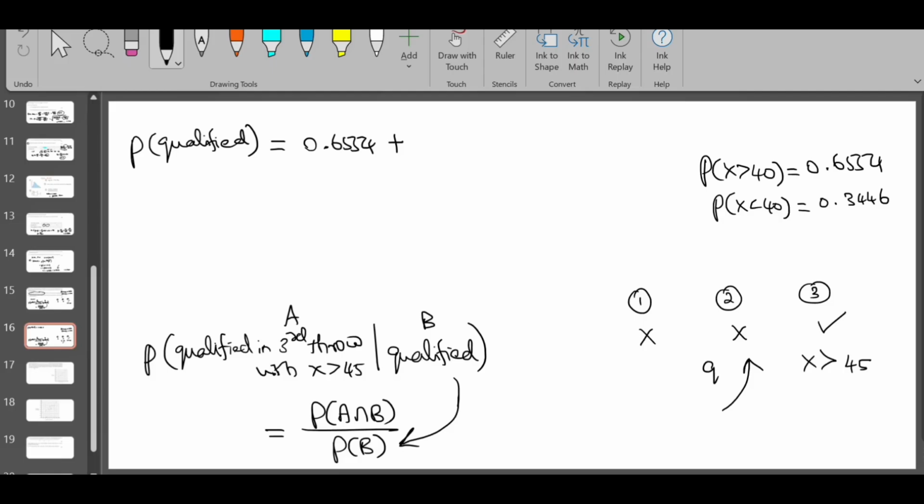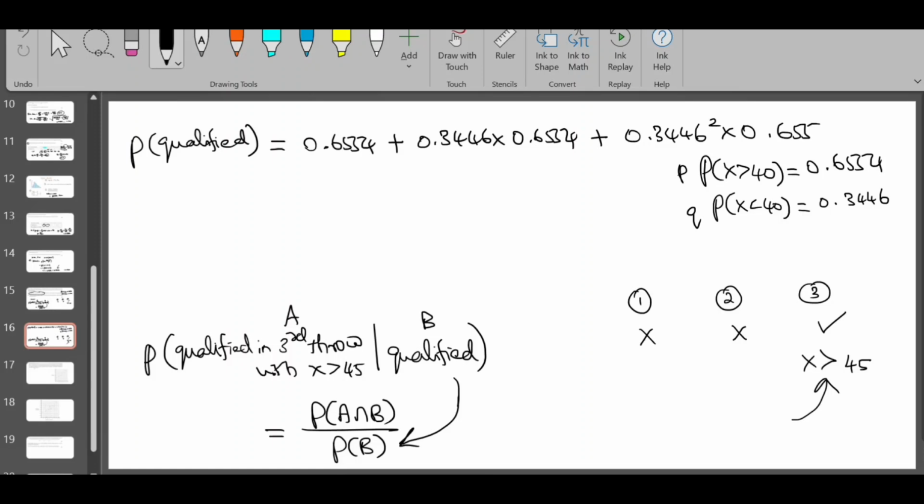She failed with 0.3446, but in the 2nd throw she succeeded, plus or maybe she succeeded in the 3rd throw, that means first two she failed, then succeeded in the 3rd throw. That's the probability of her being qualified. We need to find this probability, that's the denominator. So let's calculate this first.